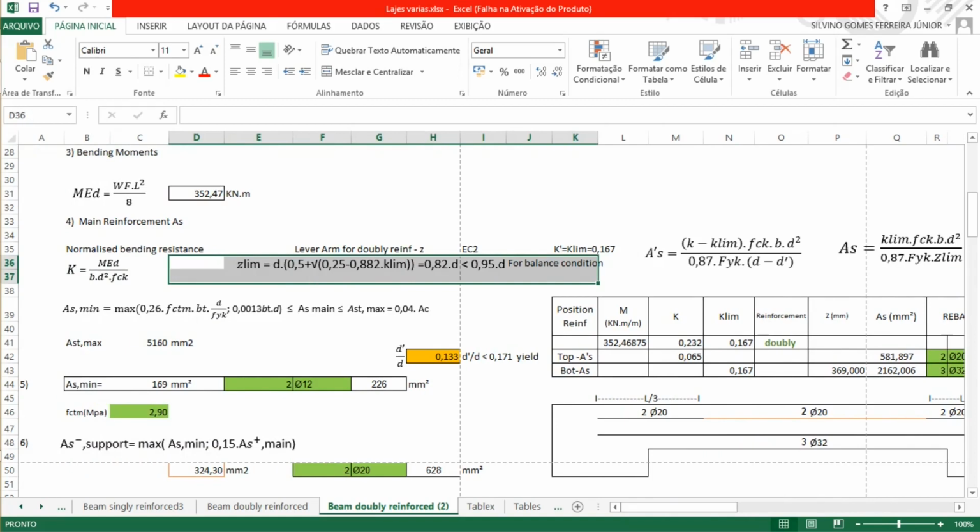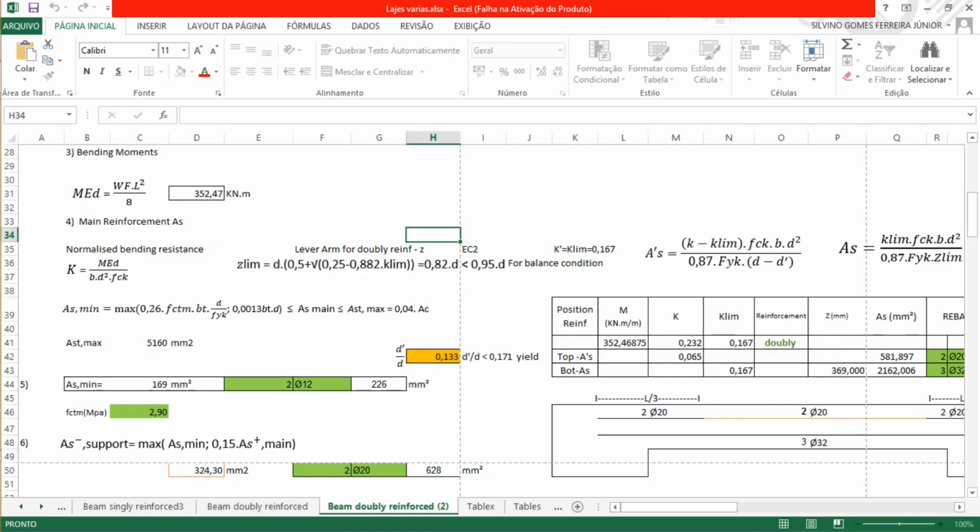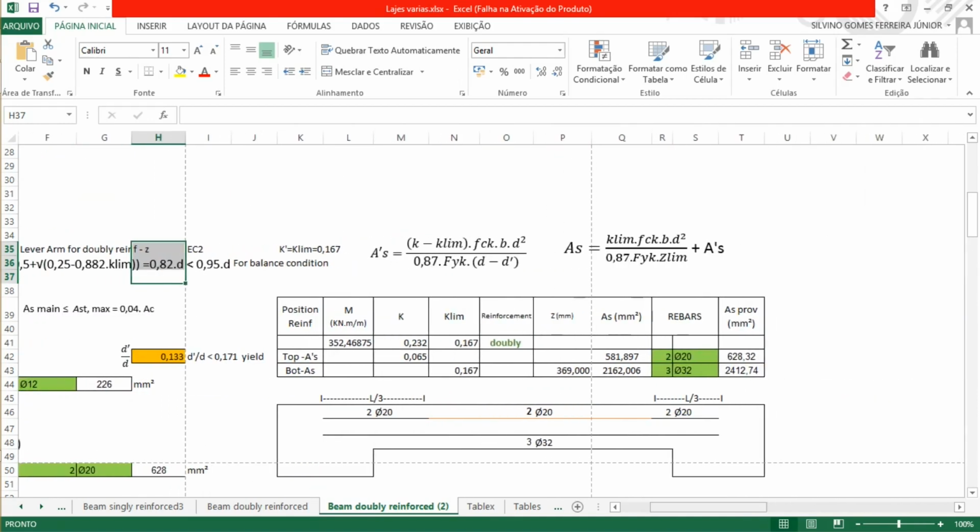When we replace all the values for this limit, it will give us 0.82 of the effective depth. Before, we had the limit that was 0.95 of the effective depth, but since we calculated this, it is much smaller. This is what we use for the lever arm, for Z. Plus the same quantity of steel we put on the top.